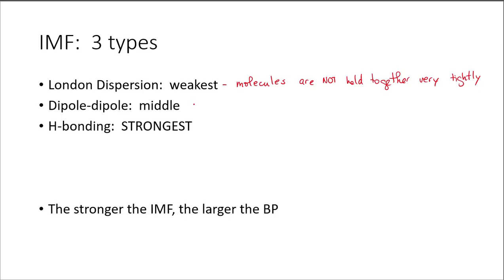The dipole-dipole force, that's the middle force. That is stronger. They're getting more tightly held together. Hydrogen bonding, that is super strong. Molecules are held very tightly.